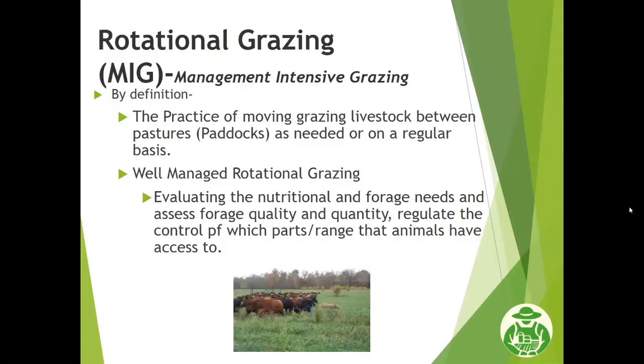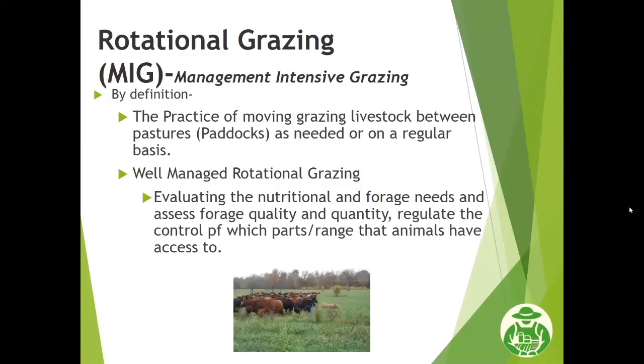We're going to touch on just some basics of rotational grazing, what it involves, and how to move forward on your own small farm. The definition of rotational grazing, or MIG, management intensive grazing, as you may have seen it referred to, is the practice of moving grazing livestock between pastures or paddocks on a regular basis or as needed as your forage allows.